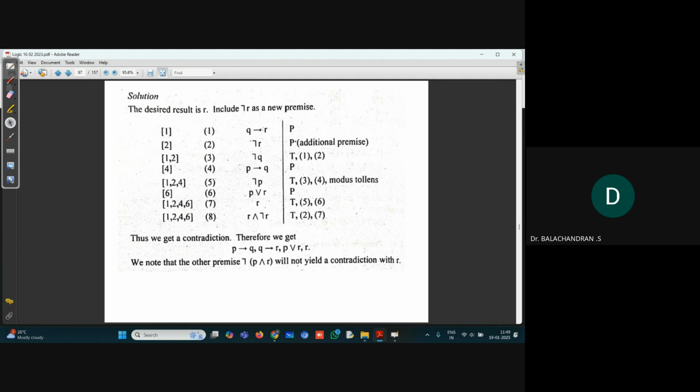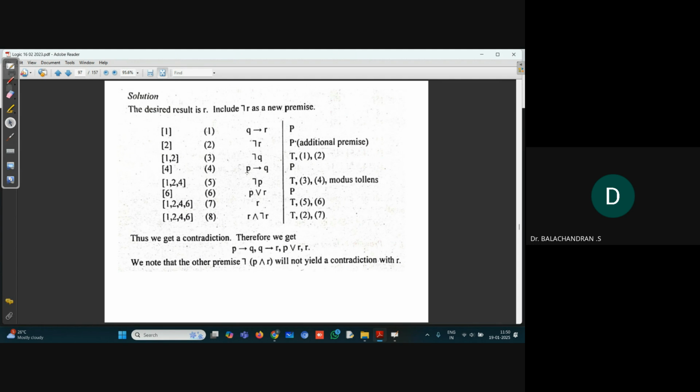Q implies R means, by contrapositive, negation R implies negation Q. So you have negation R, and negation R implies negation Q, which gives negation Q. Or directly you can write Q implies R, negation R, negation R implies negation Q. That is up to you.